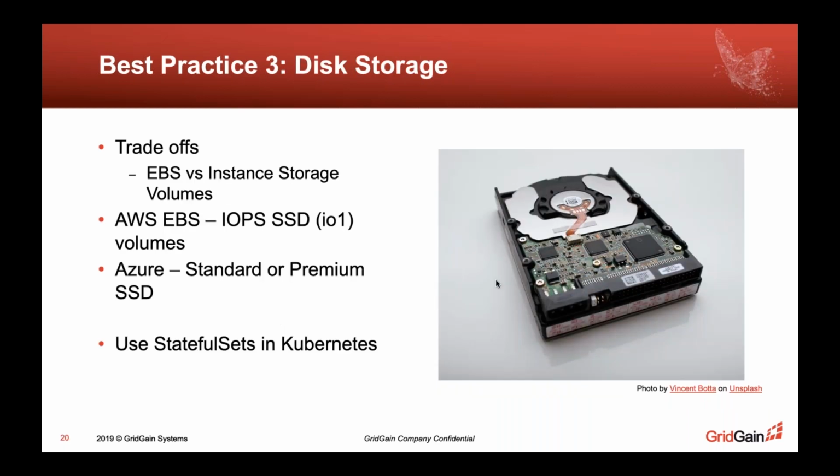Another thing to think about around best practices is disk storage. The recommendations here also depend on the features of Ignite or GridGain that you're using. Are you using Ignite and GridGain as an in-memory database and are you using persistence?